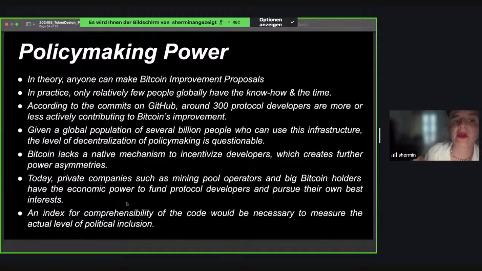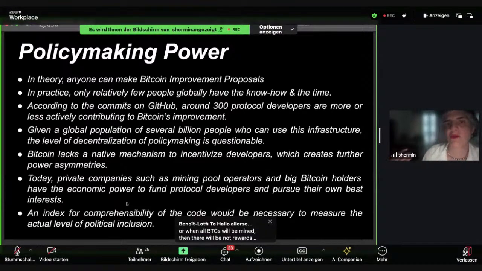If you go on GitHub and look at the GitHub commits, only around 300 protocol developers are more or less actively contributing to Bitcoin's improvement or protocol upgrade. But millions of people are using it, and billions in the future will be using it. So how decentralized is a system if only 300 people co-develop the system which billions use?